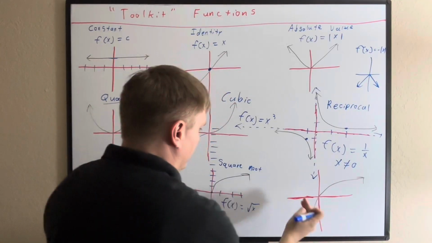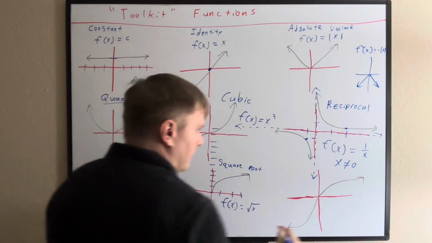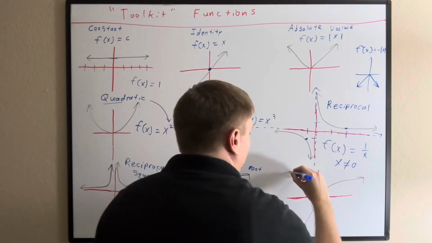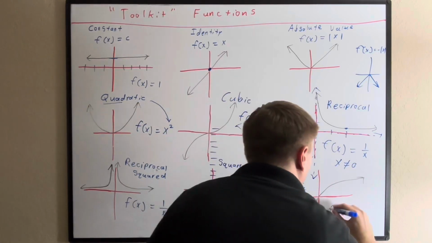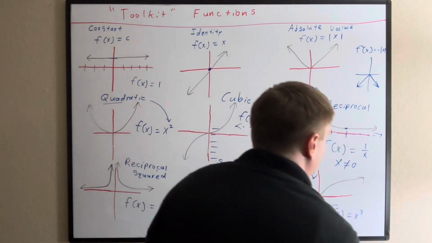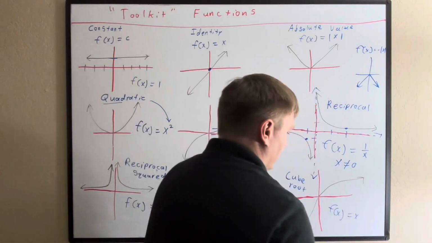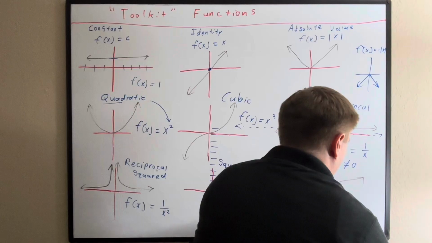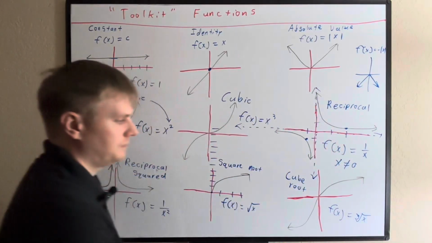Now, if you get kind of the square root function, but it keeps going, that means you got a cube root function. This is cube root.